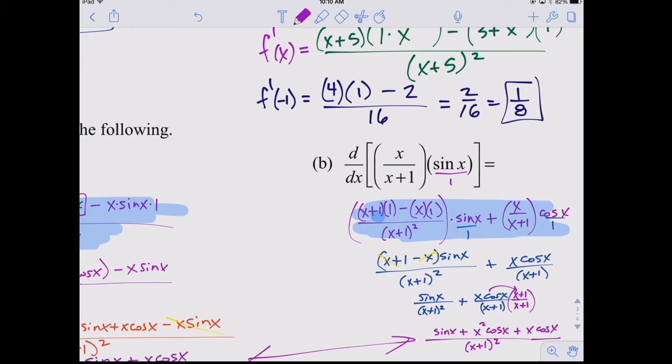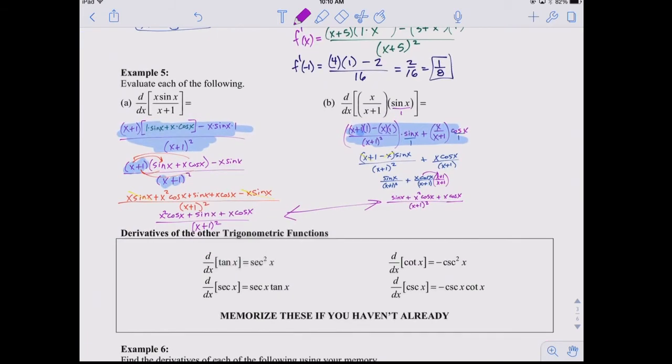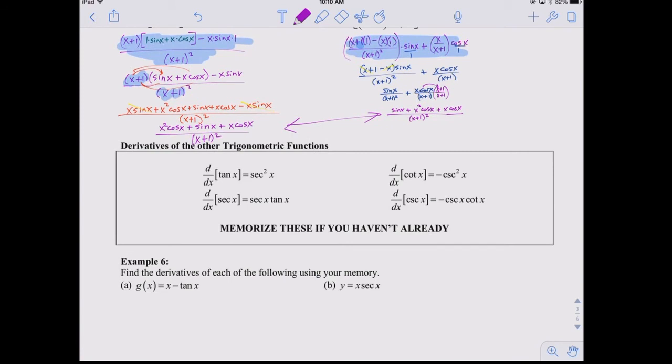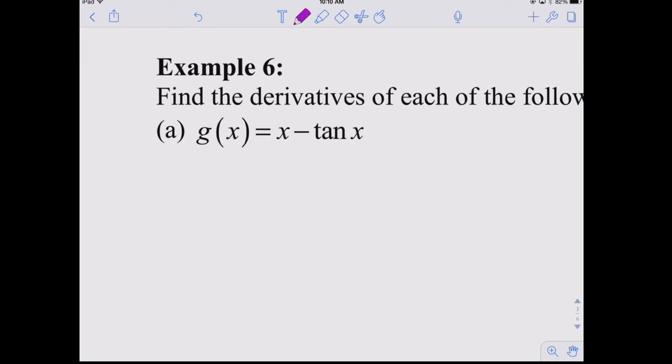So all three co functions, cosine, cosecant, cotangent, they're all what type of answer? They're all negative. And all the ones that aren't co are not negative. Guess what? We now have expanded our derivative toolbox set of tools. All right, let's try out these new things.